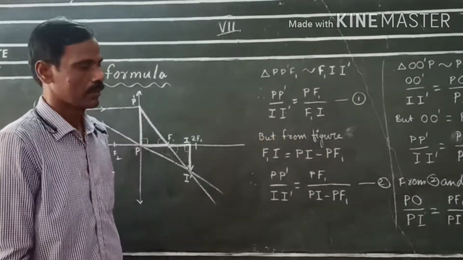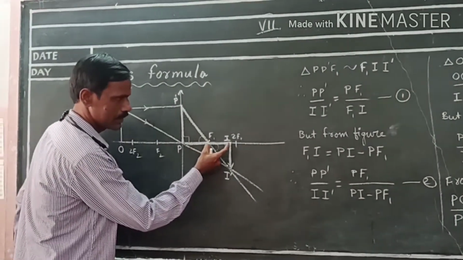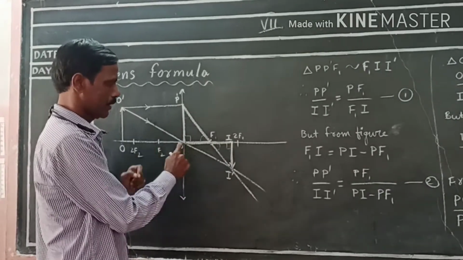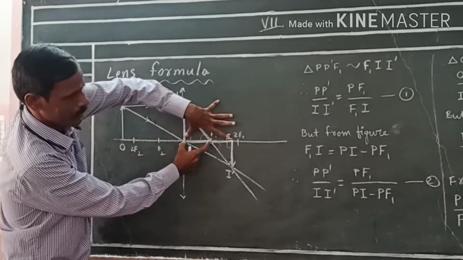From the figure you can observe that F1I, this distance, is nothing but the total distance PI minus PF1.